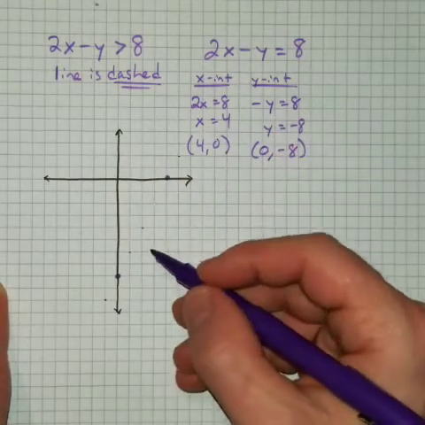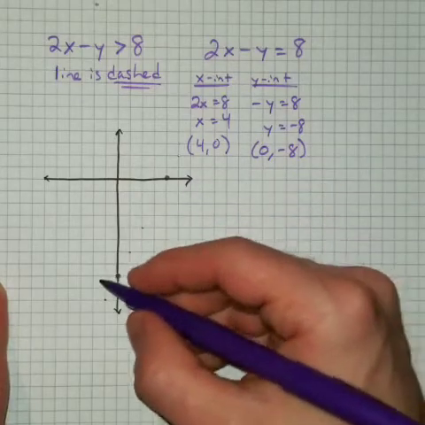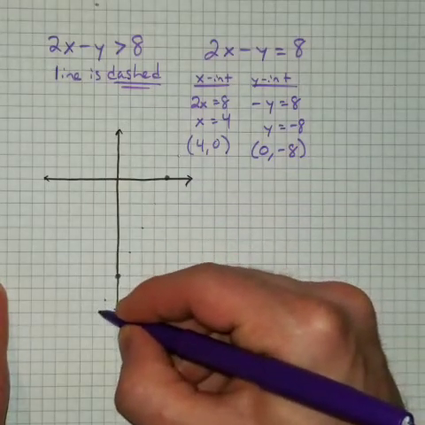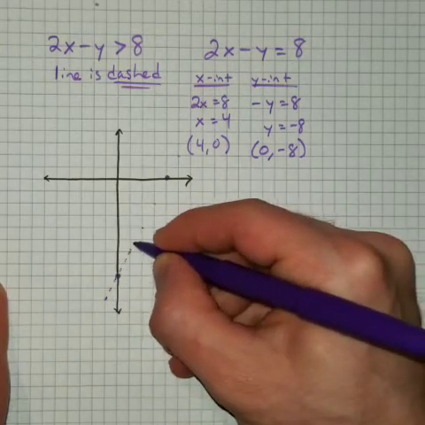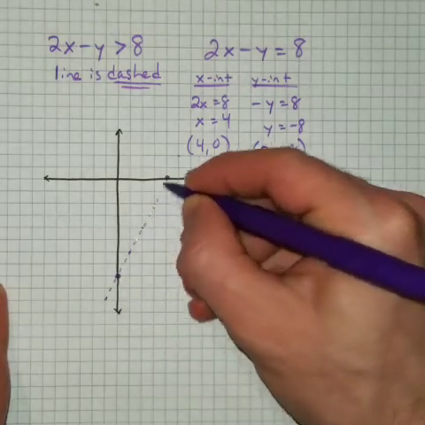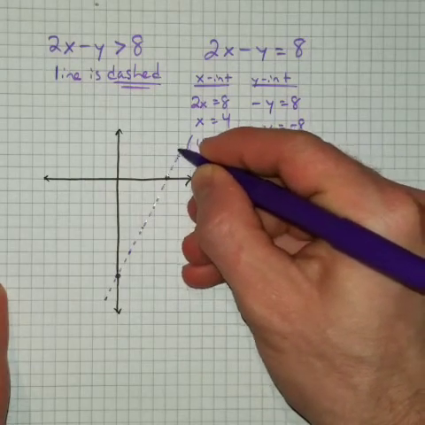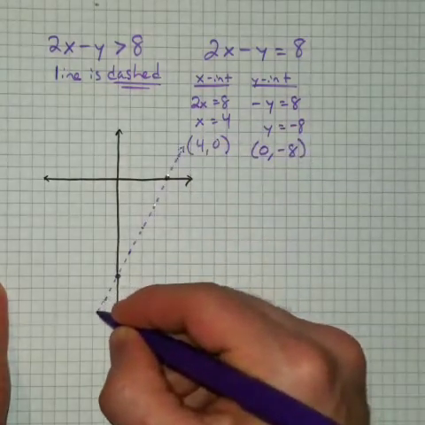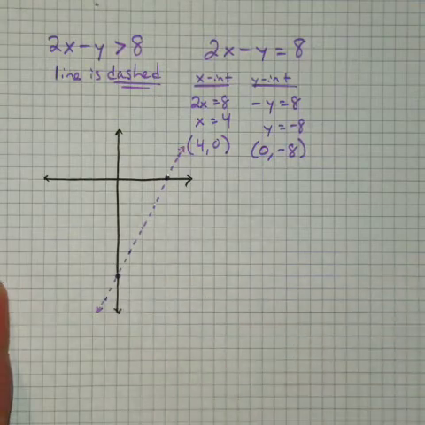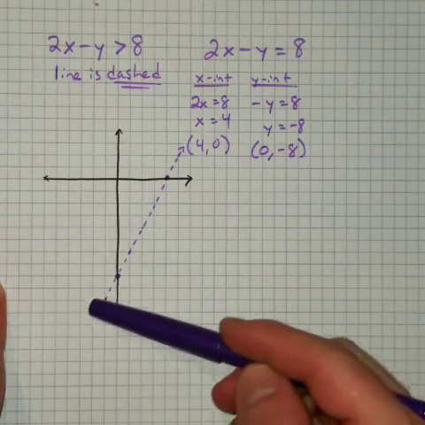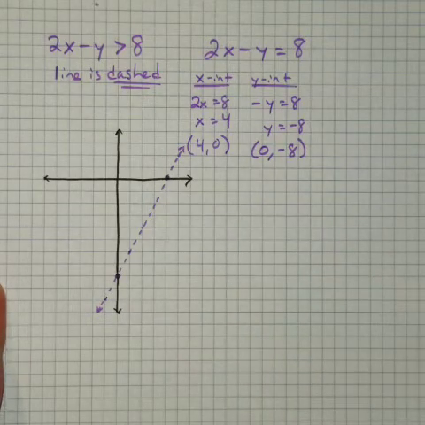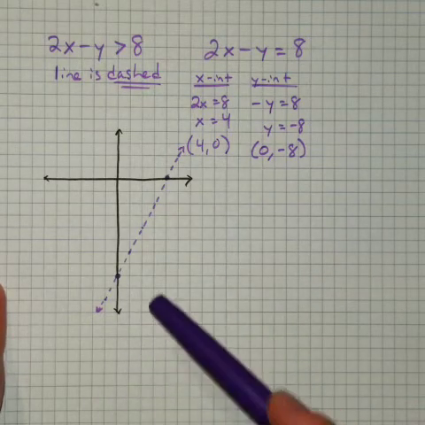Again, dashed line, so we're going to start down here and dash that in. Okay, so I've created a dashed line. That means my boundary is not included in the solution, but the solution is going to be on one side or the other.